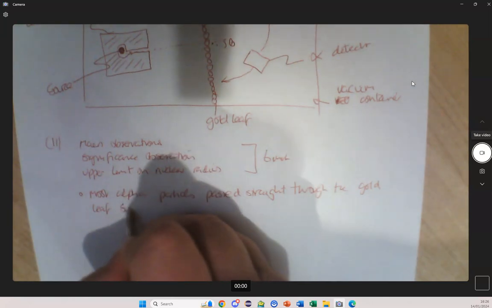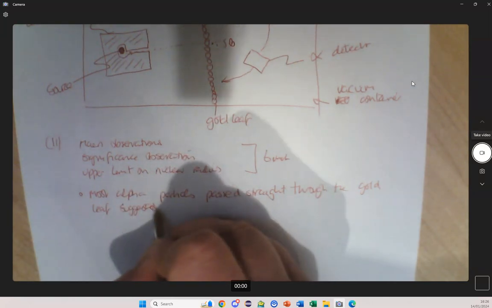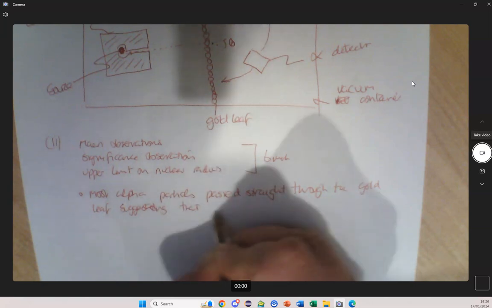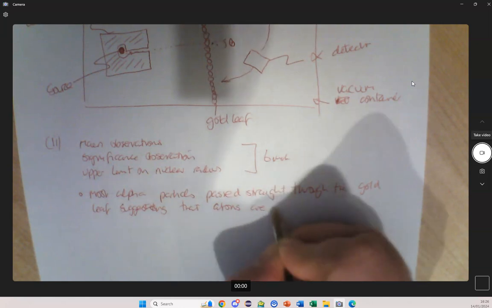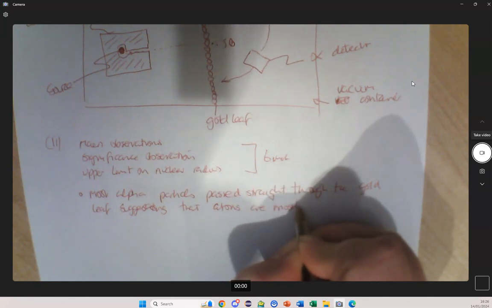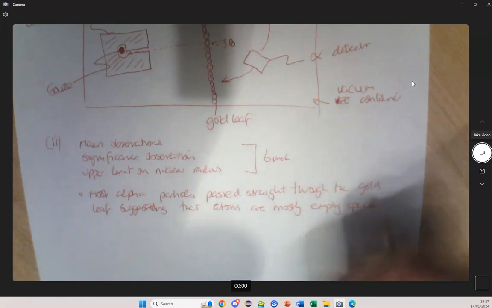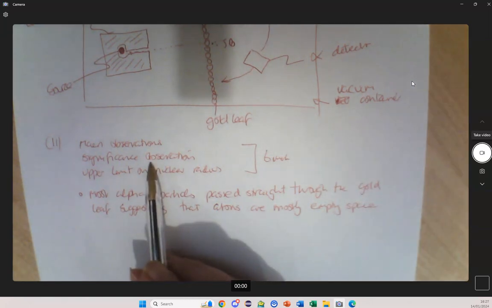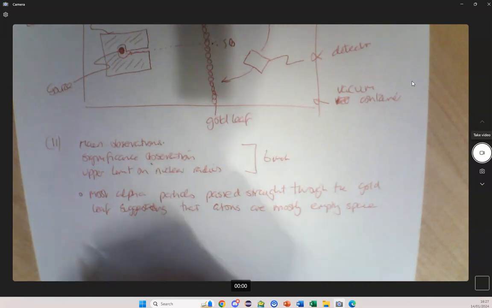And that suggested that atoms are mostly empty space. And that's the significance of our observation. So we've done one main observation and one significance of that observation.